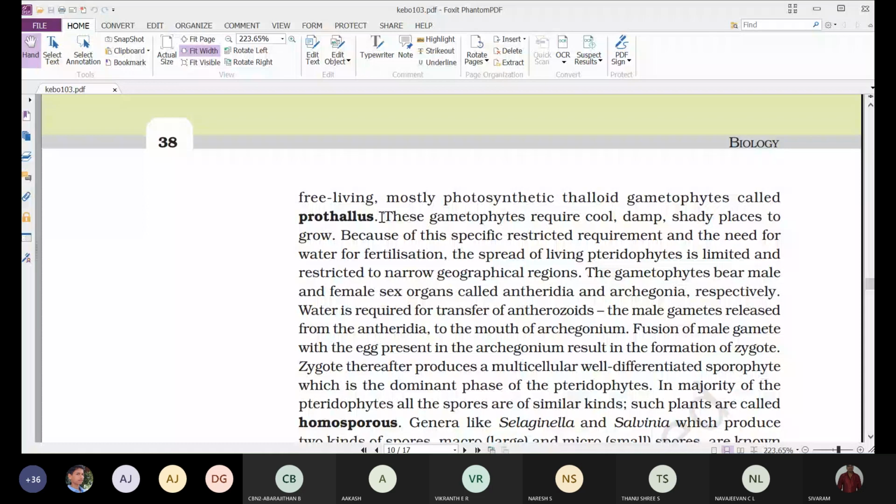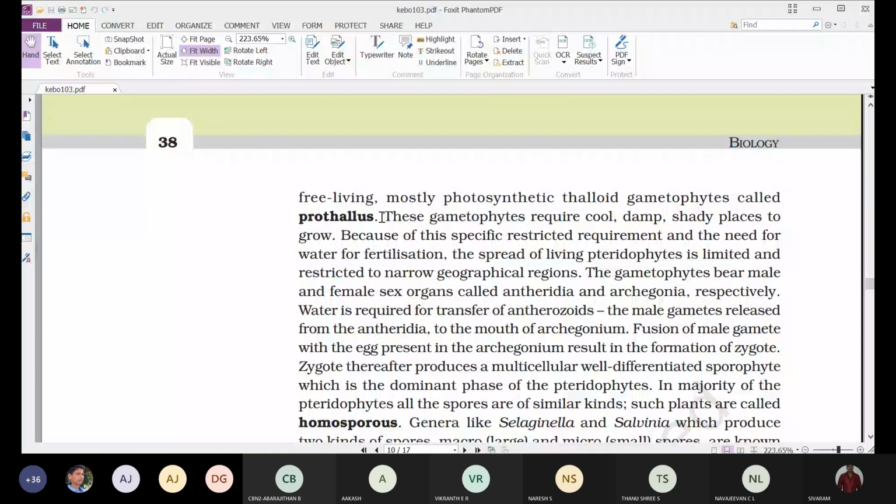These small thalloid structures represent the gametophyte stage, and this gametophyte we call the prothallus.